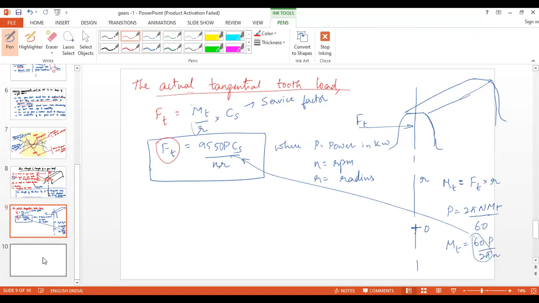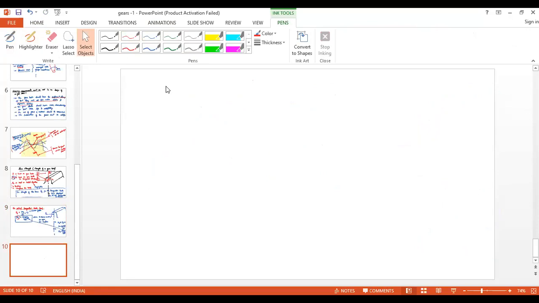And that is known as beam strength. Beam strength. Now again, I'll consider one single gear tooth.